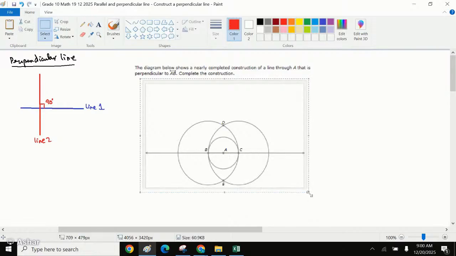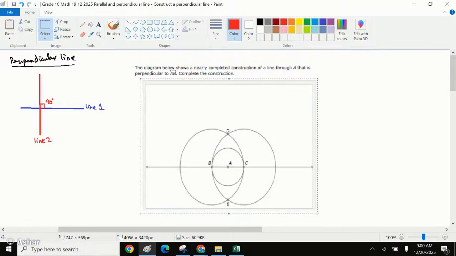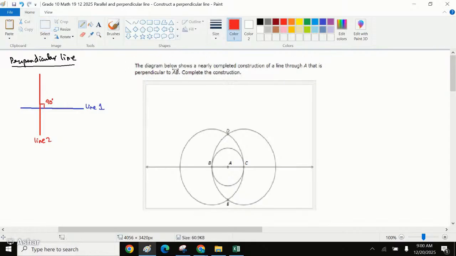Let's extend this so that it's much more visible to us, and this as well. The first question says, the diagram below shows a nearly completed construction of a line through A that is perpendicular to AB, right? Complete the construction, okay?